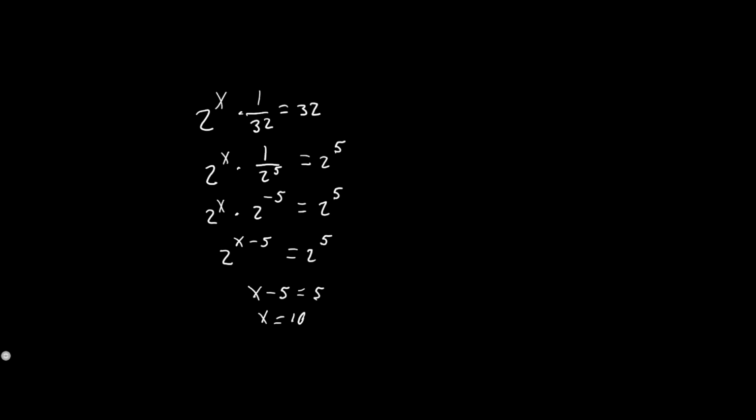So we can go ahead and verify our solution by just plugging in x. So we have 2 to the power of 10, which is going to be around 1024. And if we divide that by 32, we're just going to get 32.